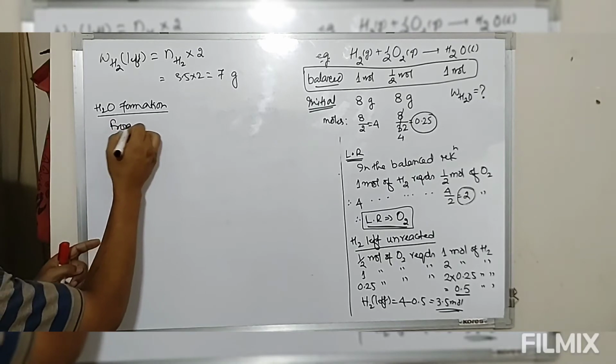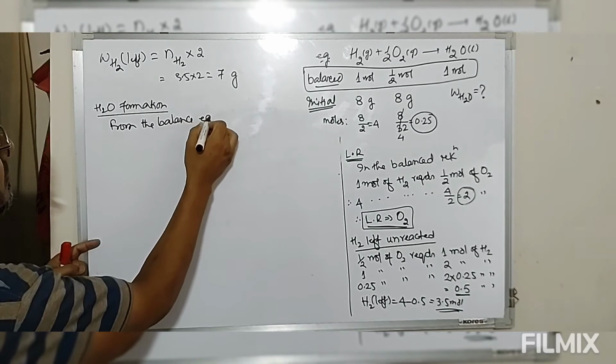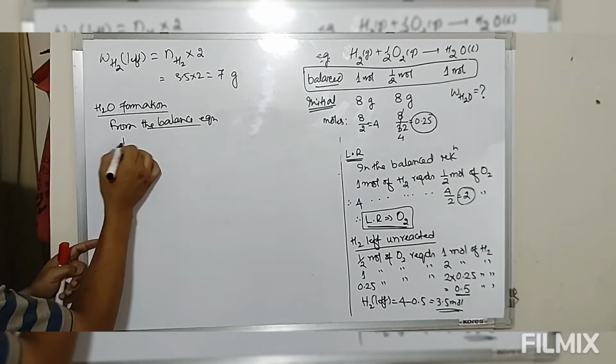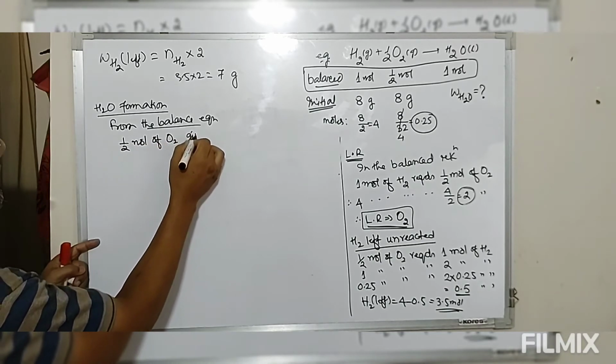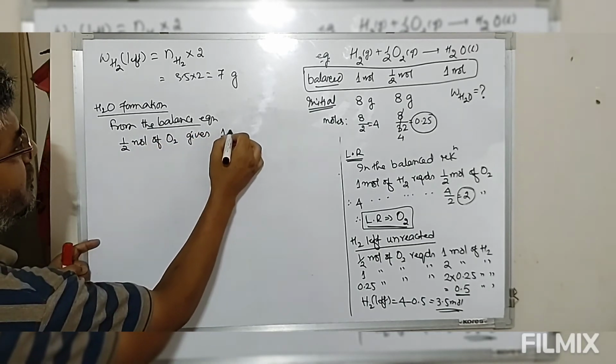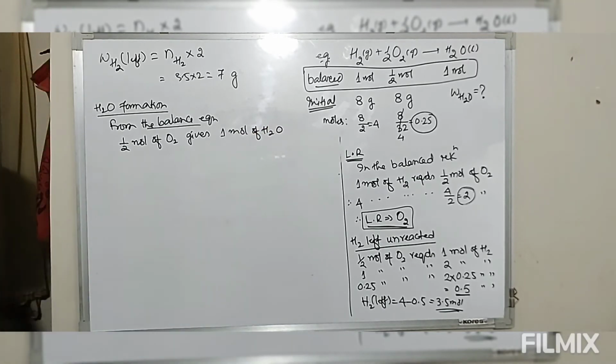Again look at this. From the balanced reaction, half mole of oxygen gives 1 mole of water. So half mole of oxygen will always give you 1 mole of water.